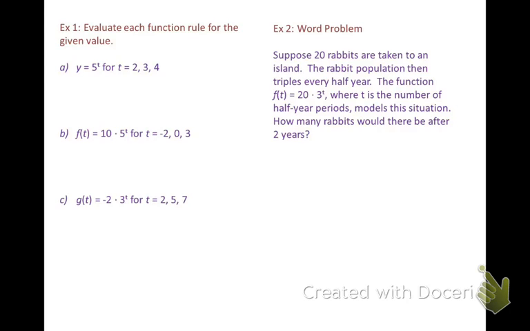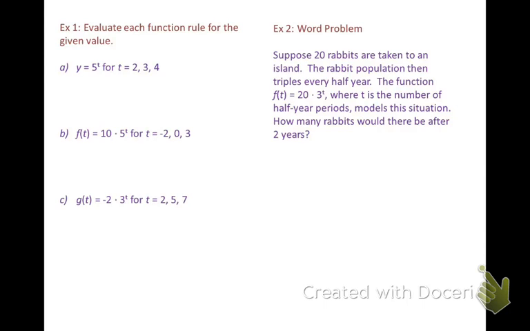Okay, so evaluate each function rule for the given value. So we have y equals 5 to the t power. And they tell you t equals 2, 3, and 4. I'm guessing I'm going to have 3 answers.